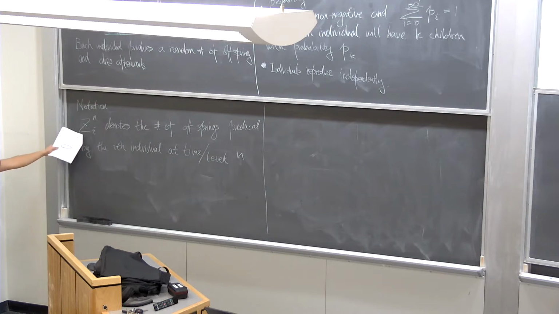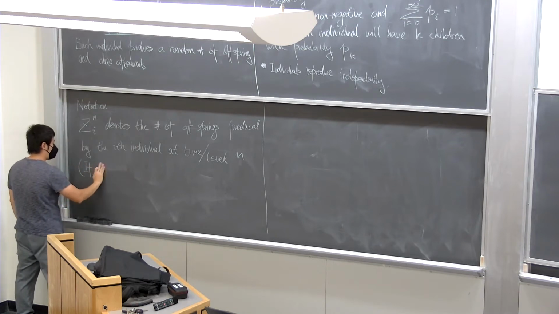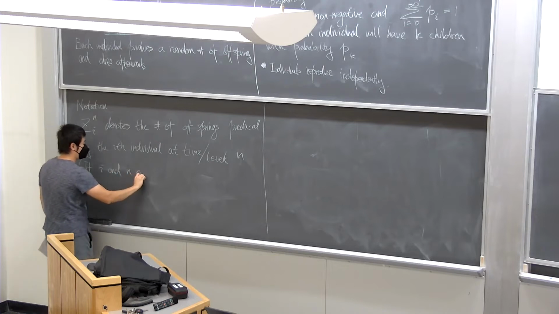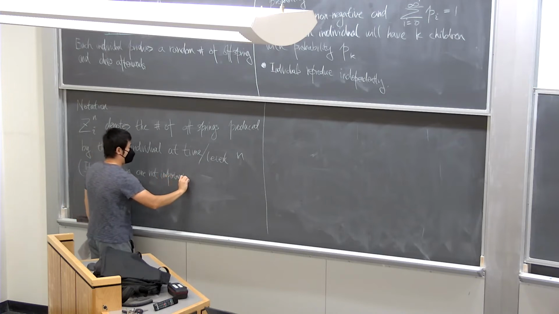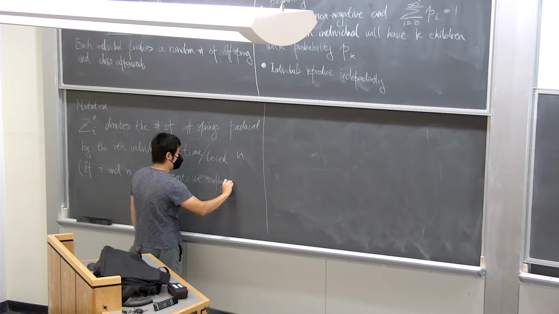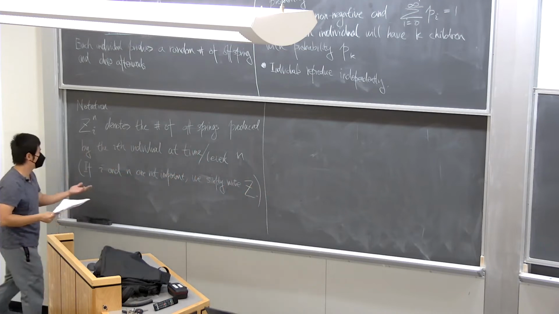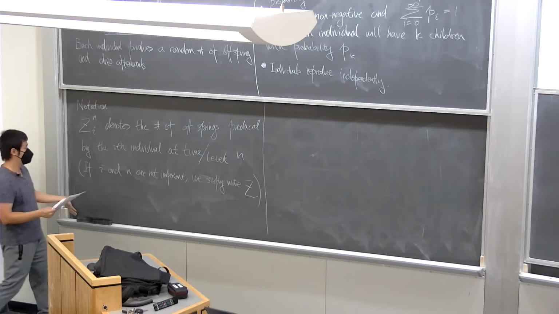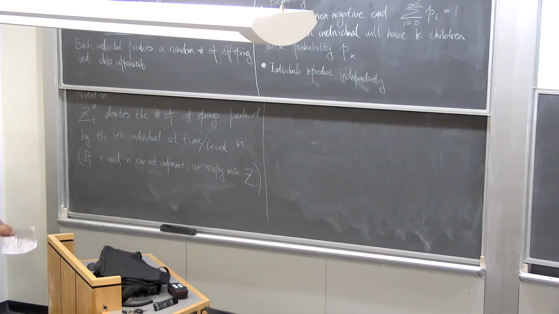When we are just looking at this offspring distribution, sometimes I'll simply write Z, if i and n are not important for our argument, instead of with indices, which I'll show later.